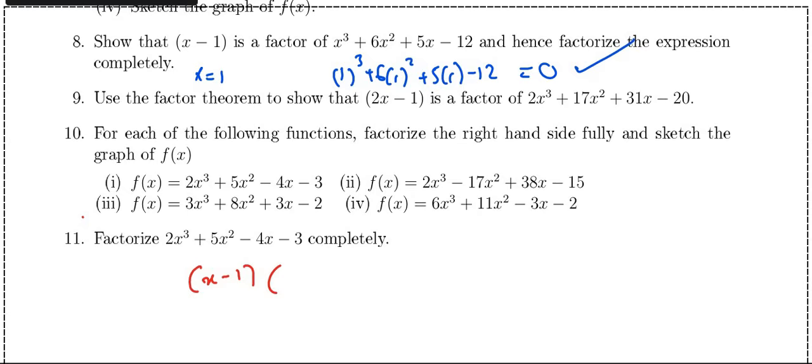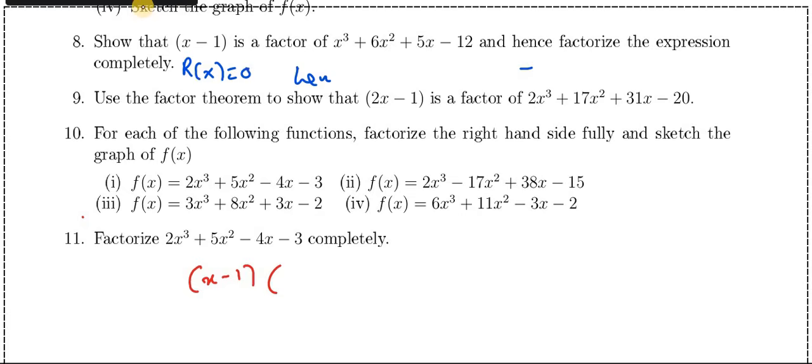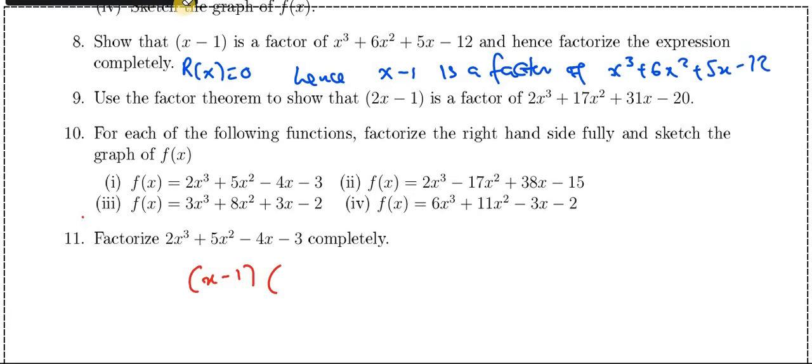Or you can use synthetic division; the answer will still be the same. So the conclusion is that the remainder R(x) is equal to 0. You say hence x minus 1 is a factor of the polynomial 6x squared plus 5x minus 12, because the remainder is 0. It shows that you understand what you're doing.